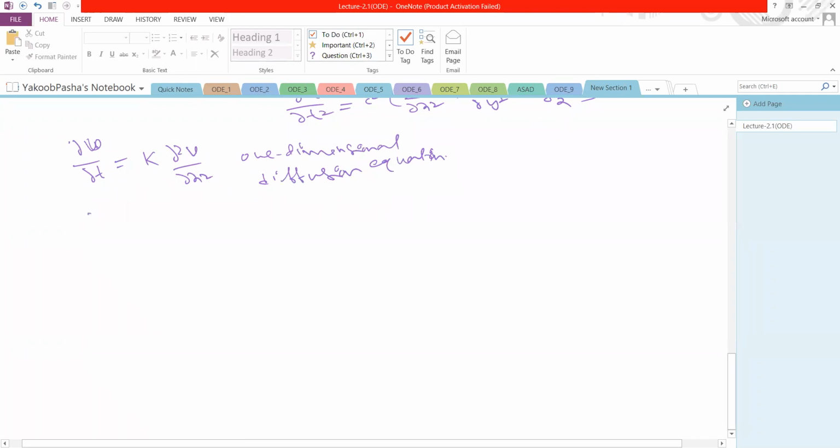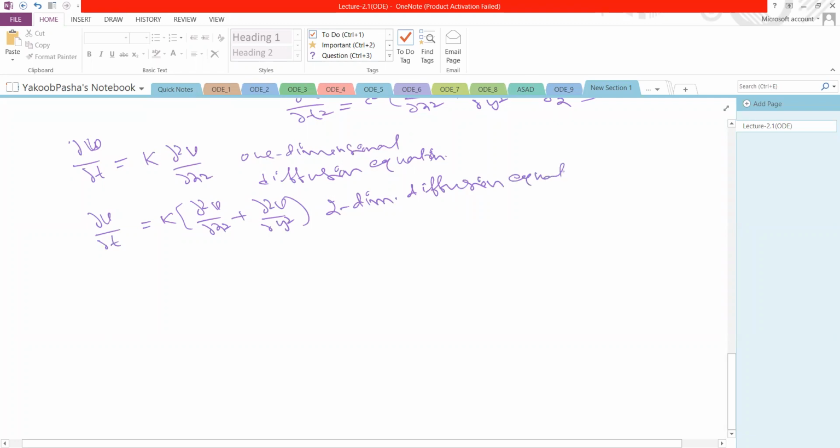That is, ∂v/∂t = k(∂²v/∂x² + ∂²v/∂y²). This is the two-dimensional diffusion equation.